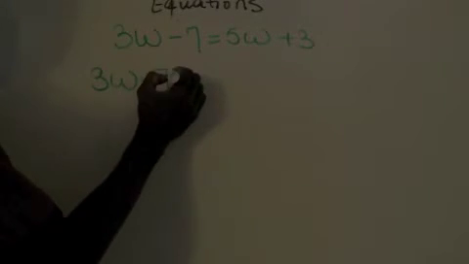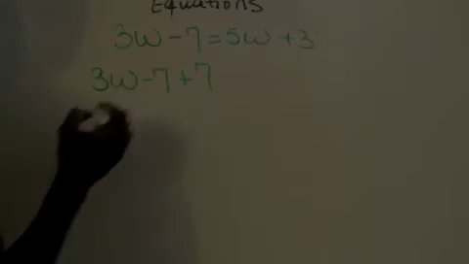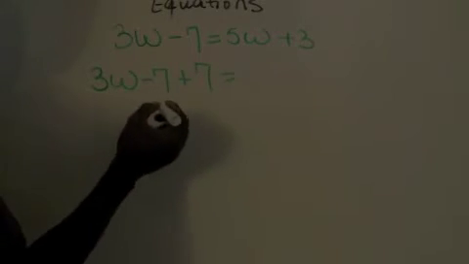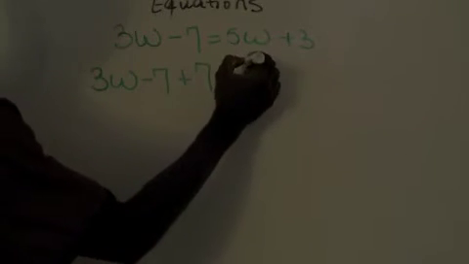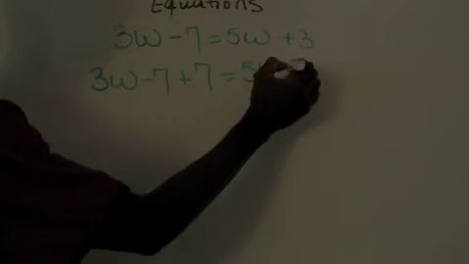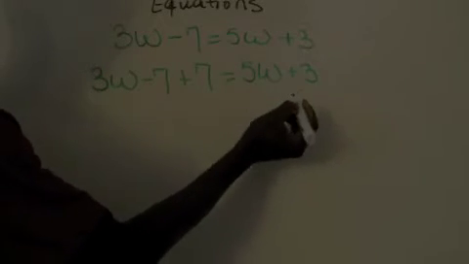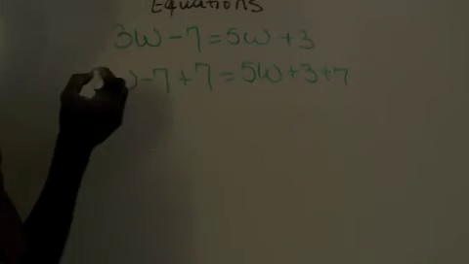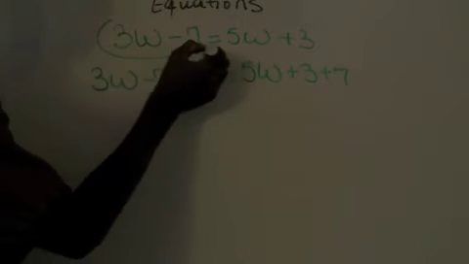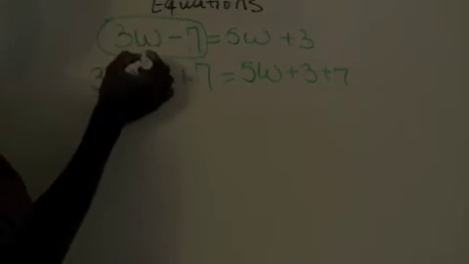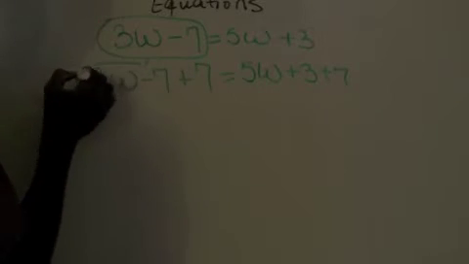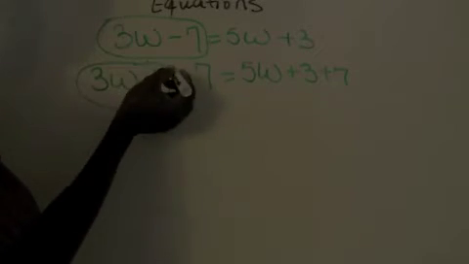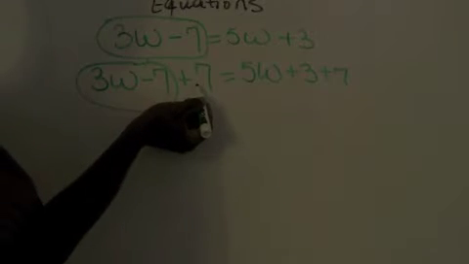We're going to bring the term down as it is, which is 3w minus 7 plus 7 equals, we're going to bring it as it is again, 5w plus 3 plus 7. Notice this whole term again, we brought it down right here. The only thing that is different is the +7.